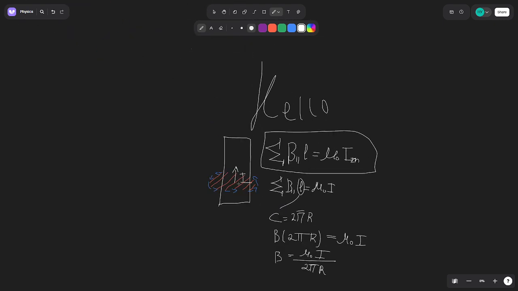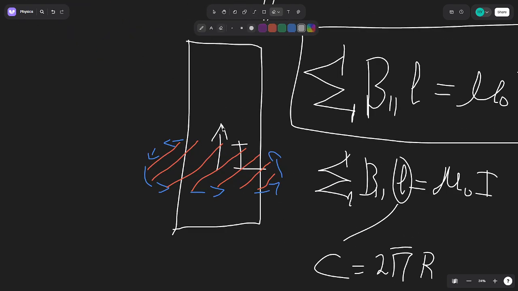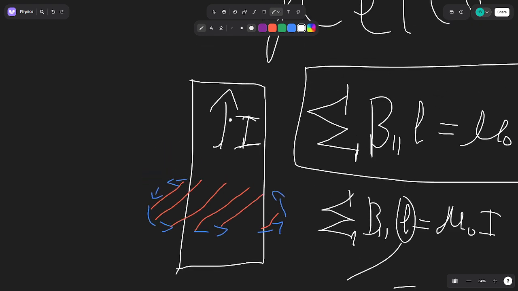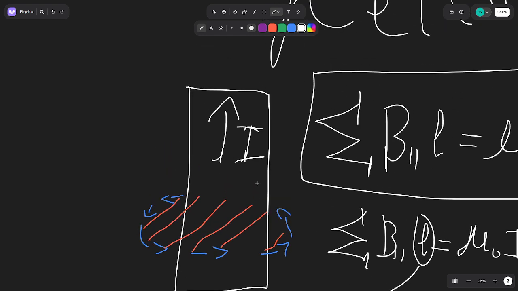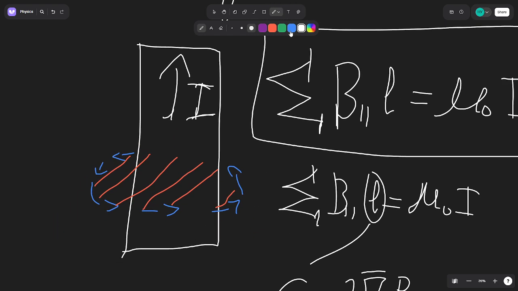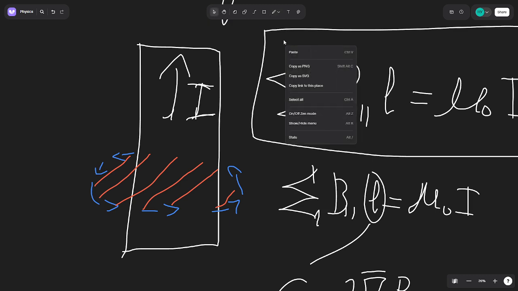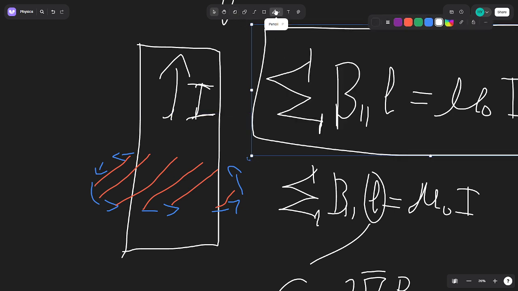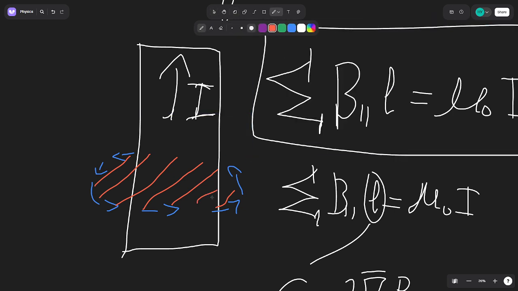So again, a magnetic field always happens around a current, like a wire. This is a wire, and it moves some current upwards, right? So around the current, there is a magnetic field according to the right-hand rule. We learned it in an electricity course.